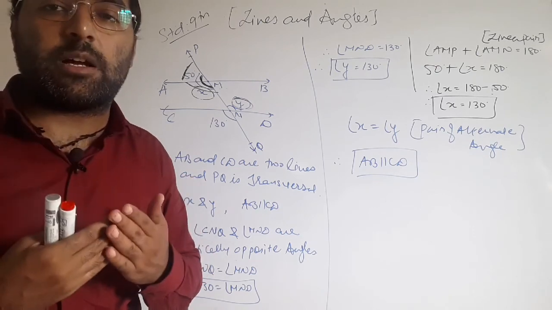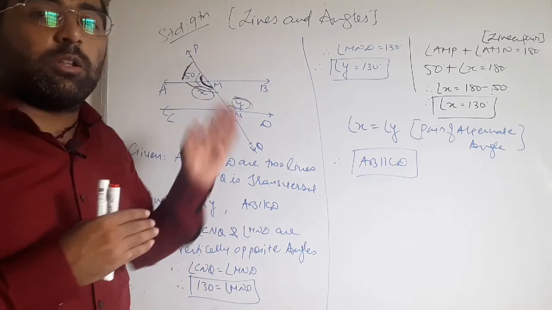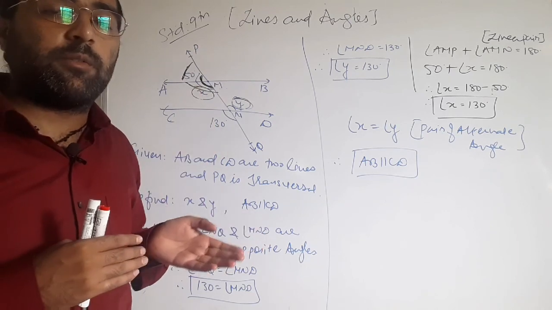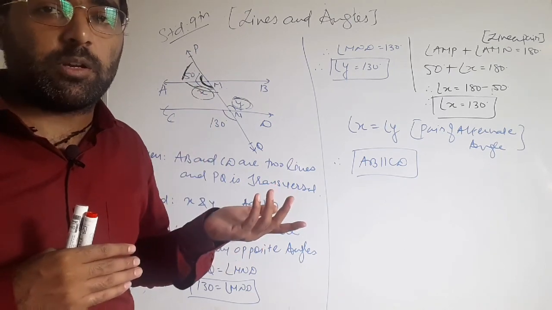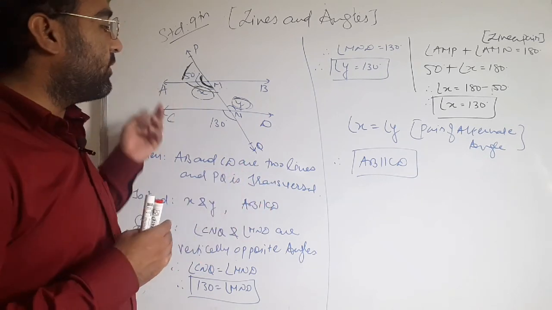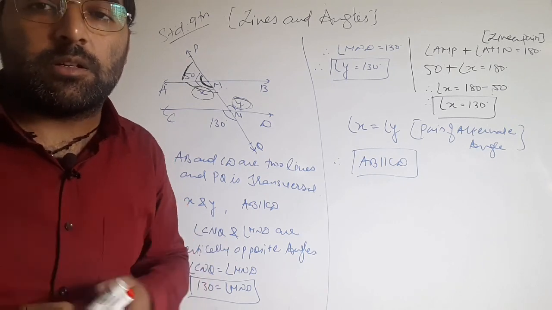That's also vice versa. If lines are parallel, all three types of pairs are formed. If all three types or any one of them is formed, then also we have to say that the lines are parallel. That's the vice versa.